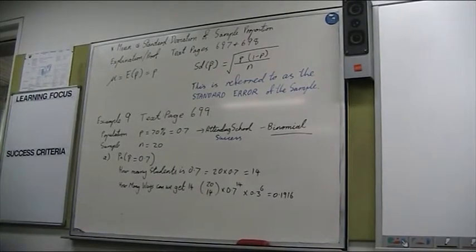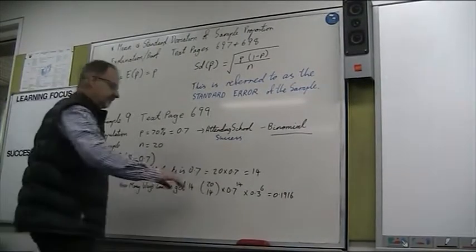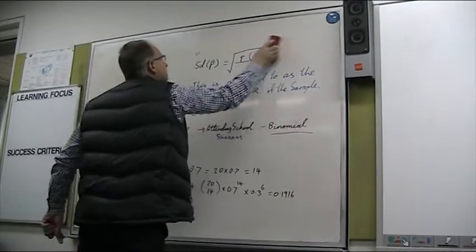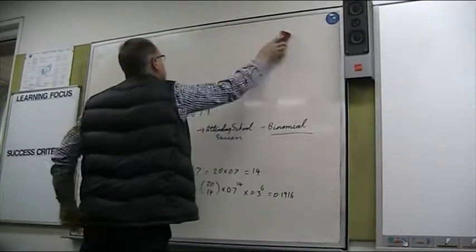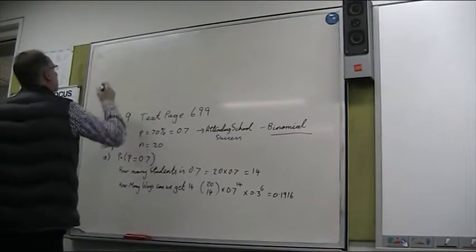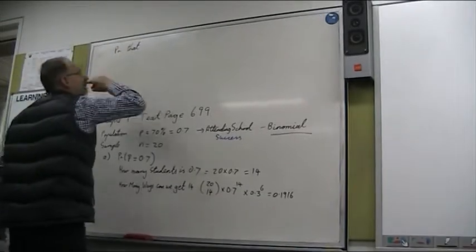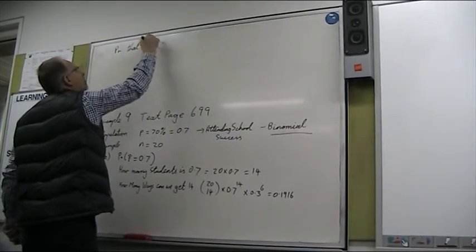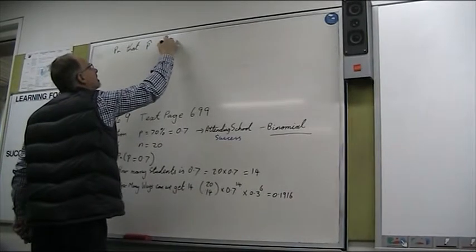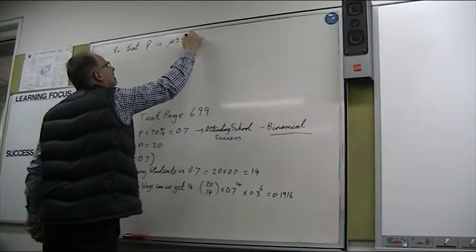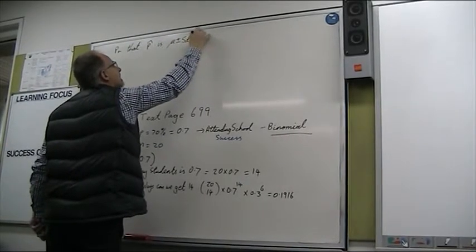Part B says the probability that the sample proportion lies within one standard deviation. So we want the probability that the sample proportion is the mean plus or minus one standard deviation.